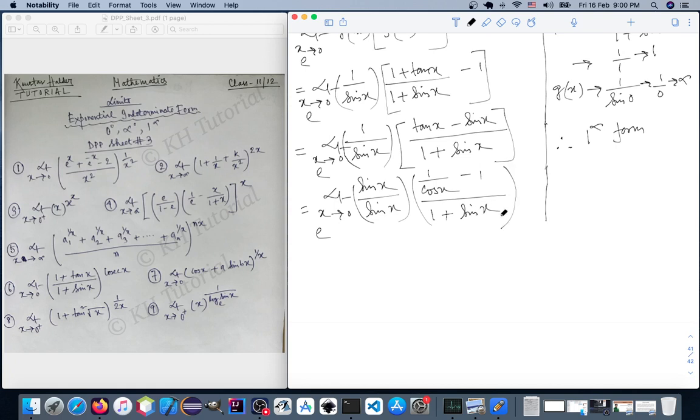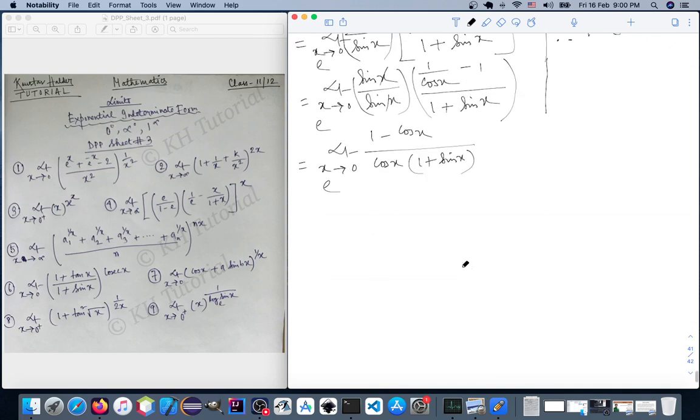We have taken sin x common from the numerator of the second term. So this sin x cancels out, and we get 1 minus cos x by cos x into 1 plus sin x.